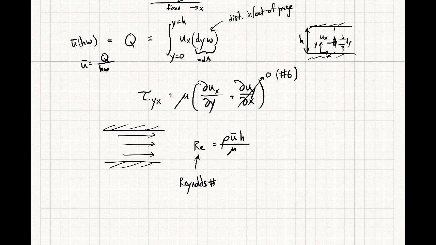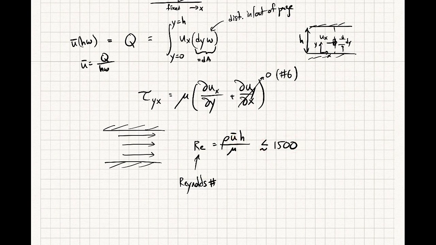So for this Reynolds number, it turns out that if the Reynolds number is less than about 1500, so if you plug in your values for h, u bar, rho, and mu, let's say you're dealing with water, so you can look up the density and dynamic viscosity, and your plates are 1 centimeter apart, and you know what your average velocity is in there, and you calculate the Reynolds number.